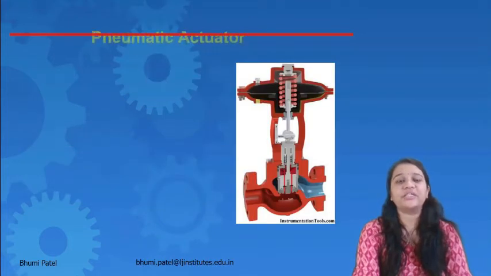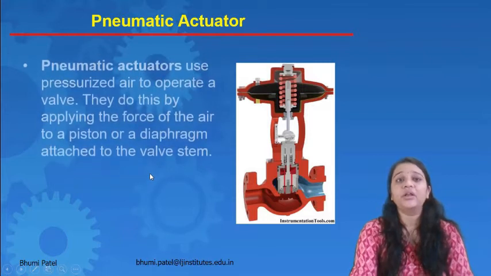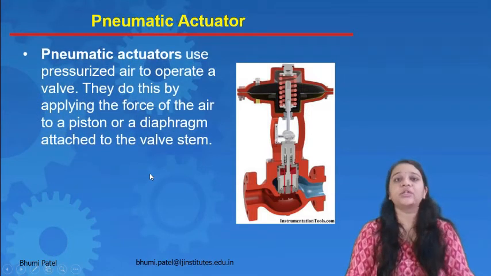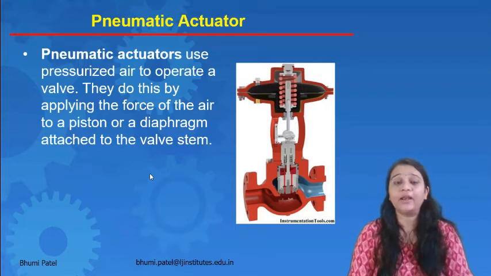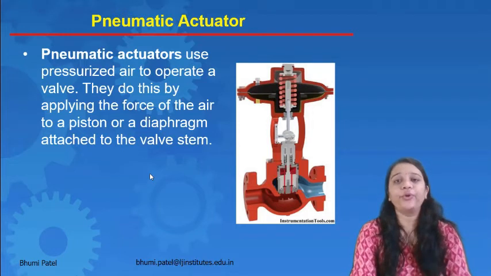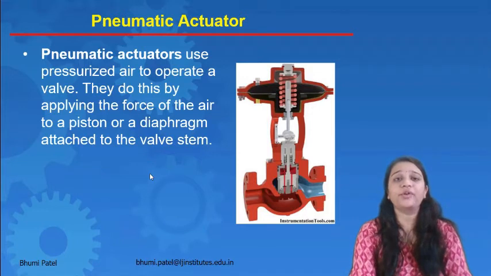So the first is the pneumatic actuator. Now what is the pneumatic actuator? Pneumatic actuators use pressurized air to operate a valve. They do this by applying the force of the air to a piston or a diaphragm attached to the valve stem. As you know, valve actuators are connected to the top of the control valve.